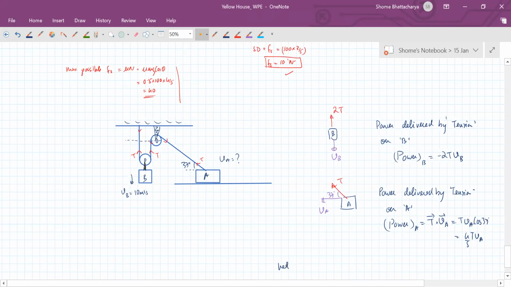Now the net power delivered by tension, because it's an internal force in the system, that should be 0.